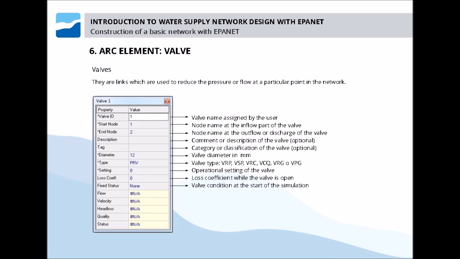And in the data model of the current slide, we can see that we can assign names to every element and their nodes, up and downstream. There are optional fields for description and tags, and there is the diameter, the type of valve, amongst the 6 categories previously stated, the operational setting of the valve, as well as possible loss coefficients, or the valve condition at the start of the simulation.